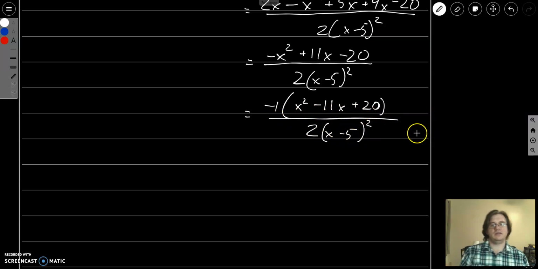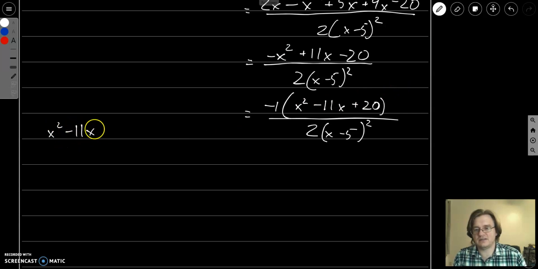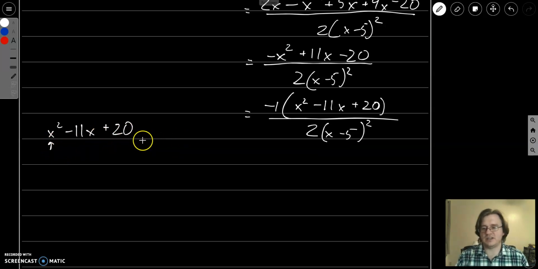We are nearly done. We just need to check, can I factor the top anymore? So the question is, can I factor this expression? If I can, I'll need to pull it apart. So what I notice is that I've got my quadratic expression here. This is a trinomial. So I've got an x squared.